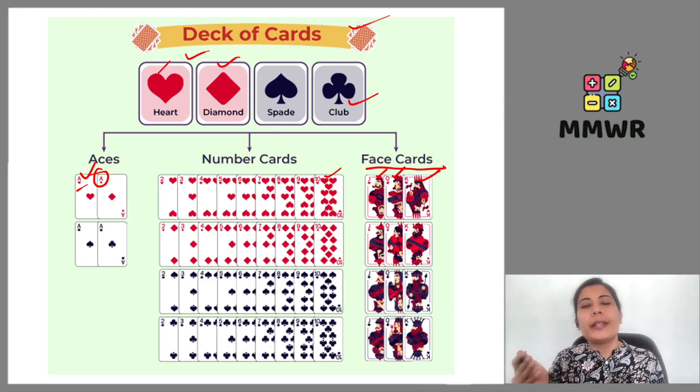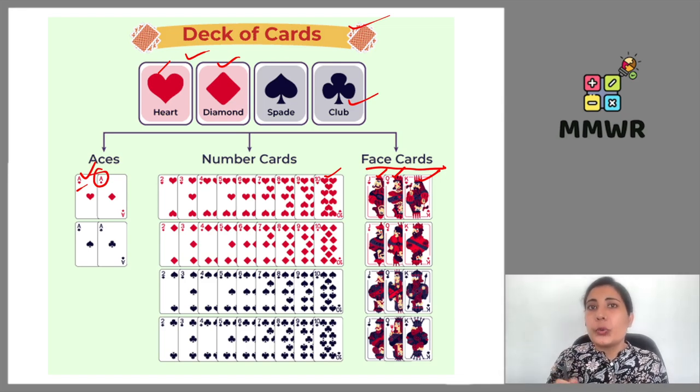Then 2, 3, 4, 5, 6, 7, 8, 9, 10. Total 9 number cards are there. 9 number cards of heart shape, 9 of diamond shape, 9 of spade, 9 of club. So 9 fours are 36 cards are there.